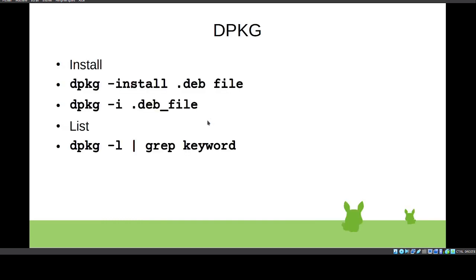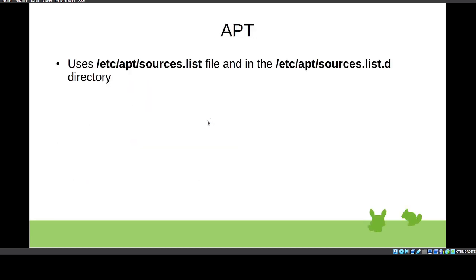The other way is apt. The apt comes with Ubuntu and every Debian system. It uses a source list which contains the remote repository where to find software, and another directory if you have more lists. To use apt, first you have to update, so you download the updated list of software available in your repository.